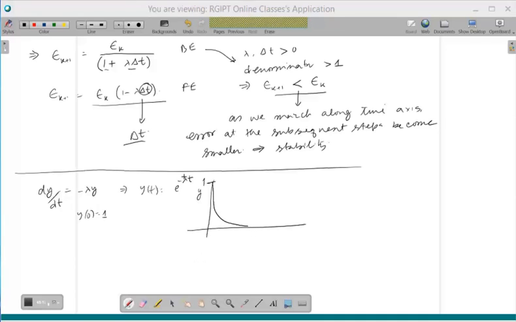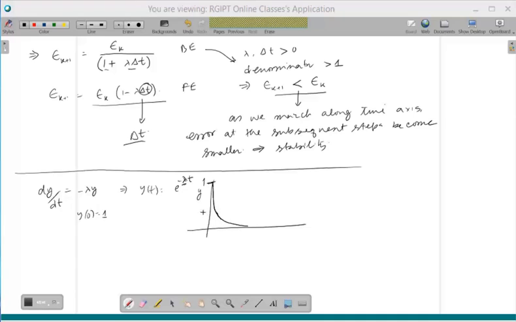So what does lambda signify? Lambda is the inverse of the half lifetime, right? It is a rate constant, which is proportional to the inverse of the half life. The half life is a measure of how long it takes for an initial value to be reduced by a certain factor, called 1 by e.